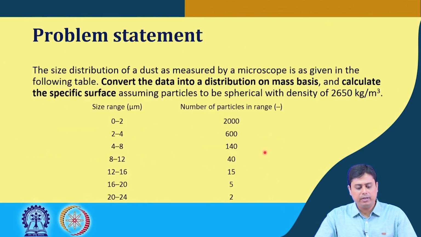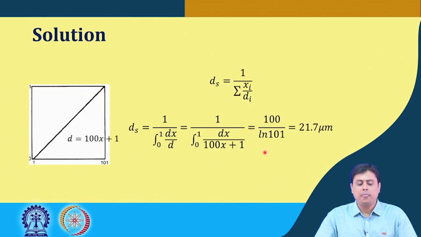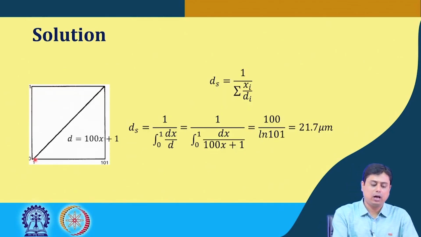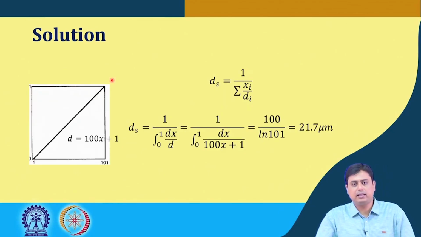And in the previous problem we have seen that if a continuous curve is given for the size distribution, or any size distribution function is known, how do you calculate any mean diameter? Here we have calculated the surface mean diameter.